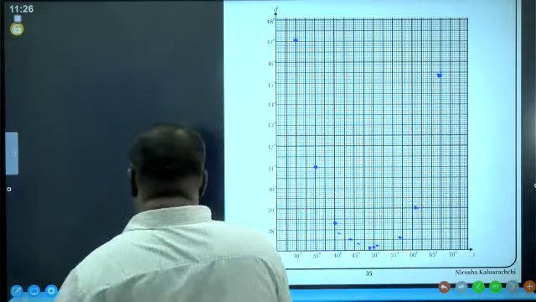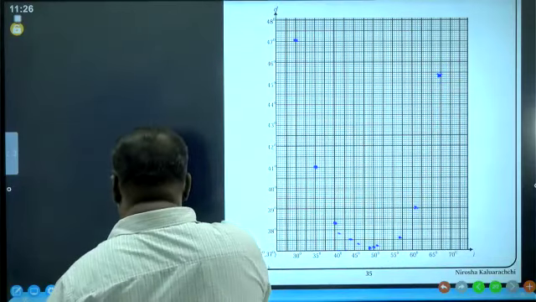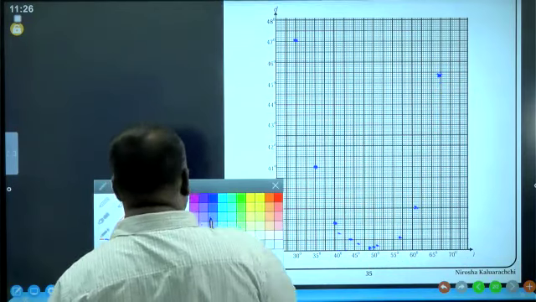Right here. No? Then the graphical arrangement we can draw right here.